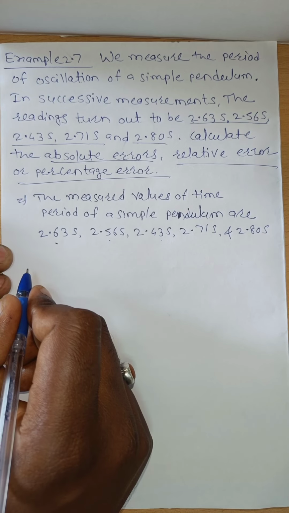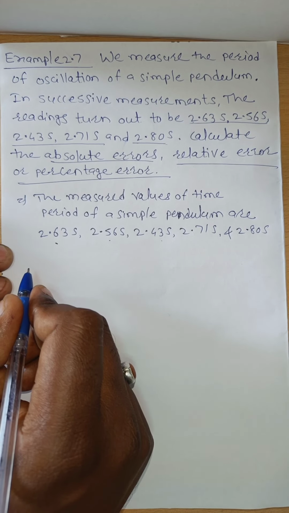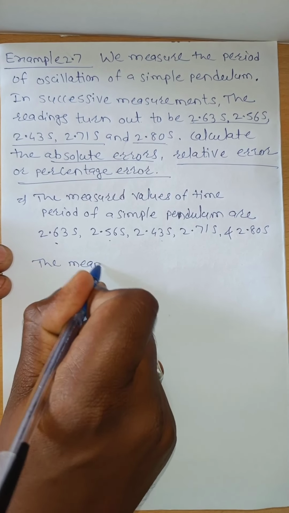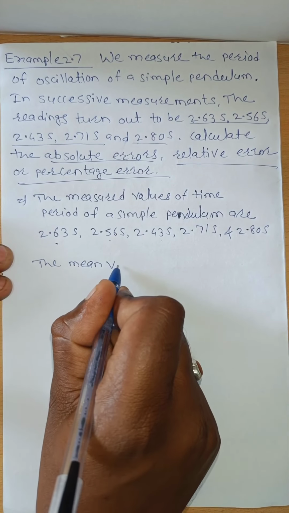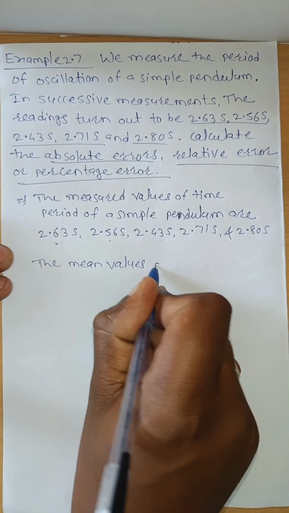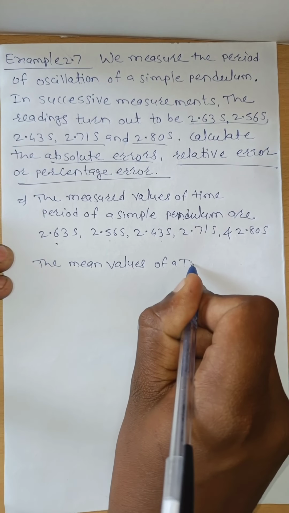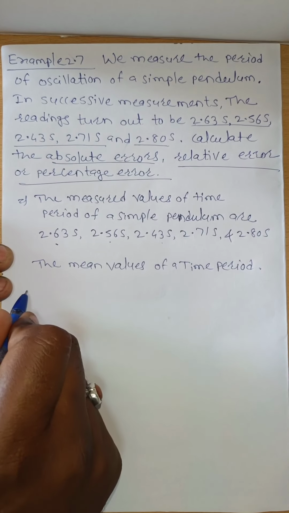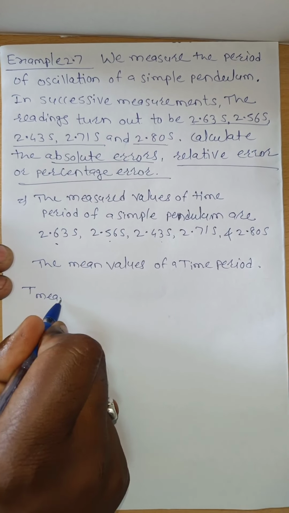Now we have to find the mean value of the time period, that is the arithmetic mean, T mean.